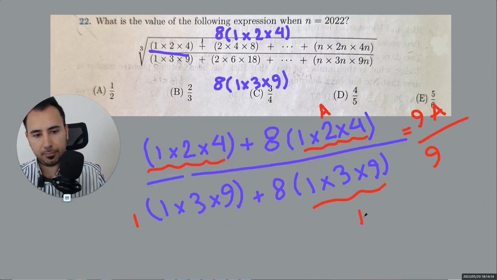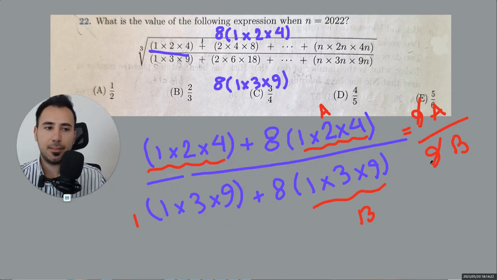Call this one B, this will be 9B. And look, they are canceled again. So that means the first term was 8 over 27, 2 of them, 8 over 27.